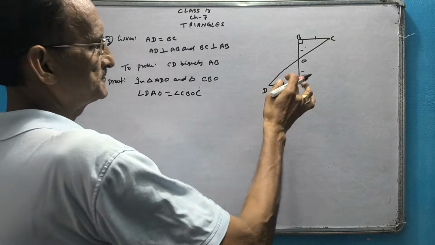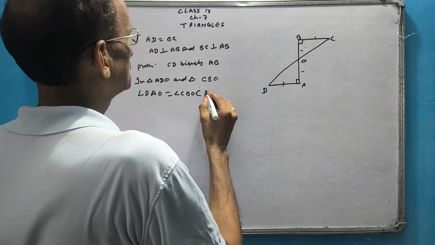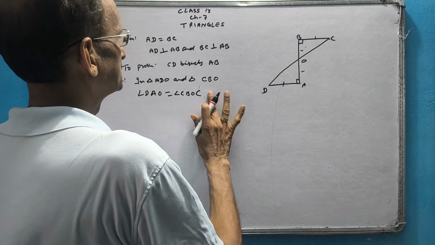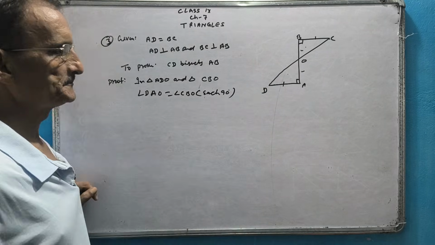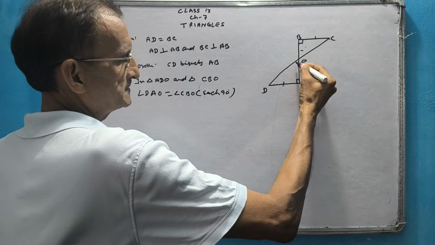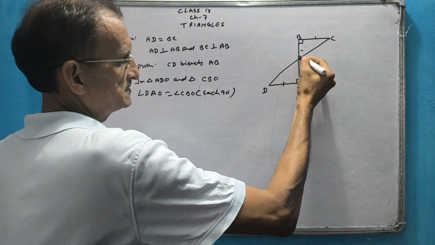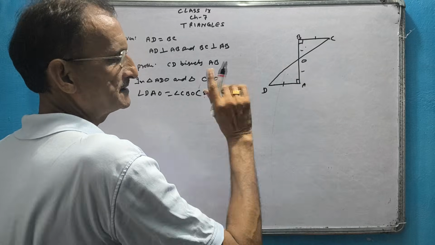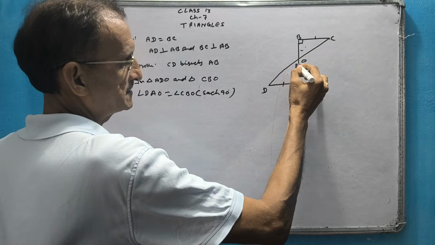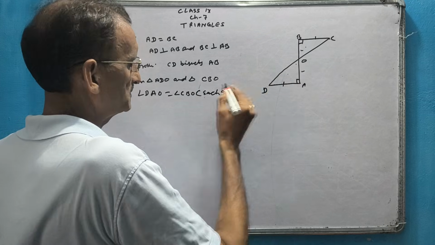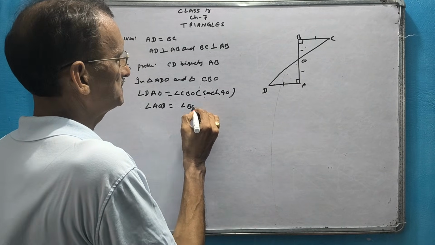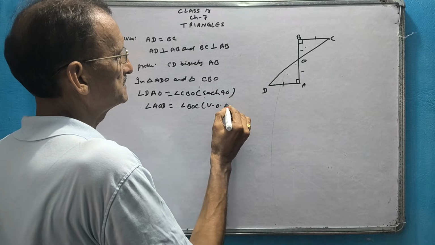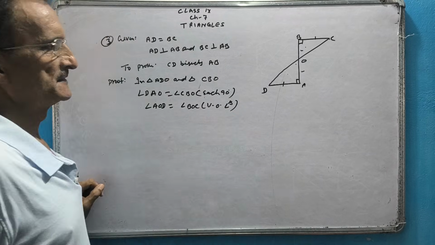You know the reason? Perpendicular means 90 degrees, so you can write each 90 degrees. This will not be given. When two lines intersect each other, we have done in chapter 6, they are called vertically opposite angles. So angle AOD equal to angle BOC, vertically opposite angles, okay?